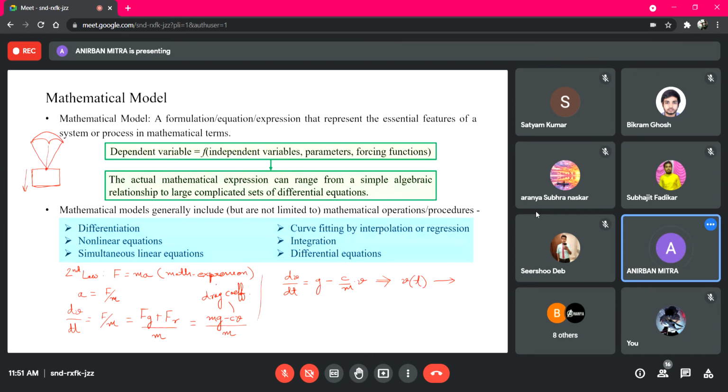For that, let us just consider that dv/dt is basically the limit as t tends to 0 of del v by del t. That is the formal definition of this differentiation.